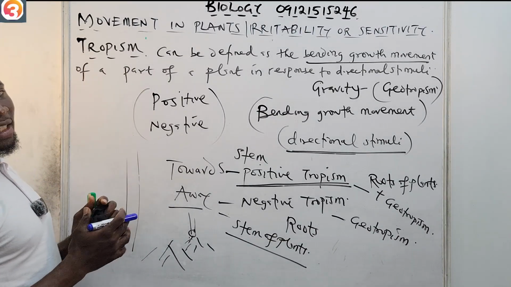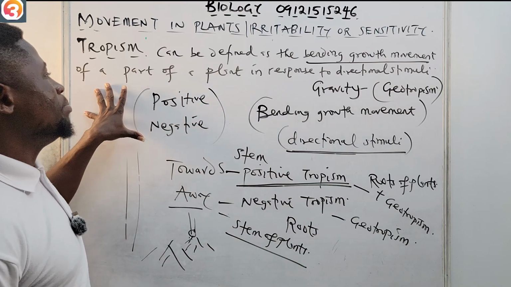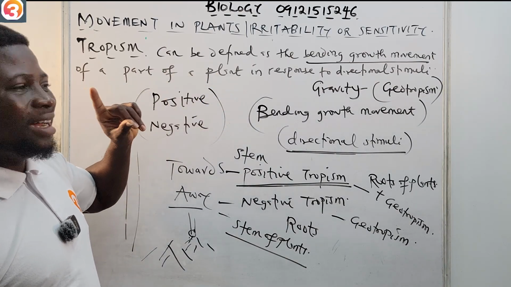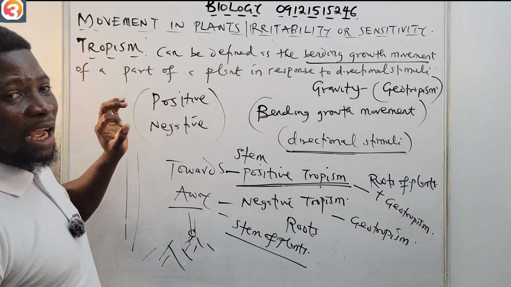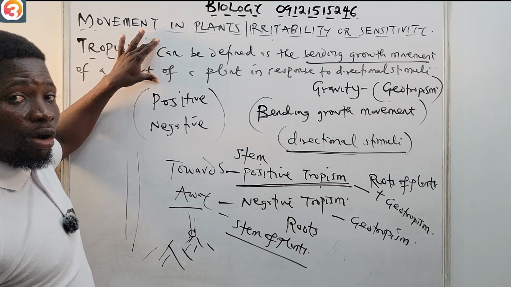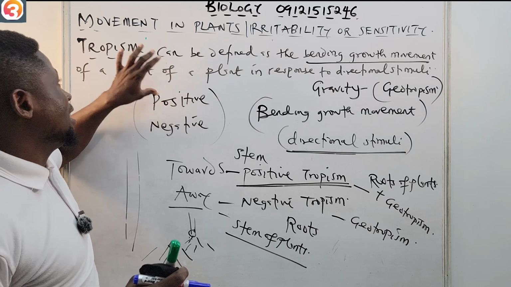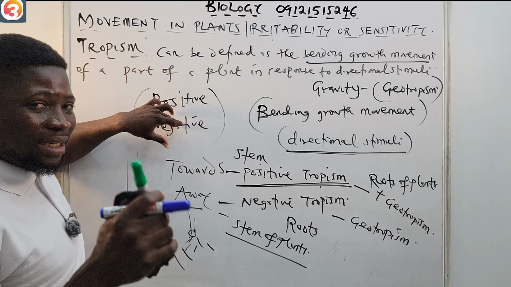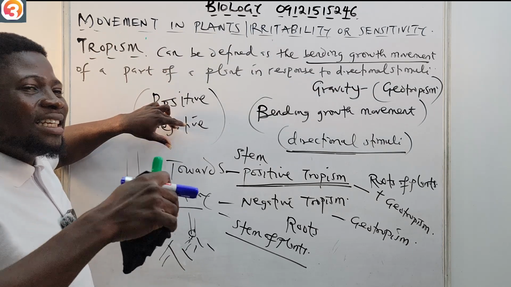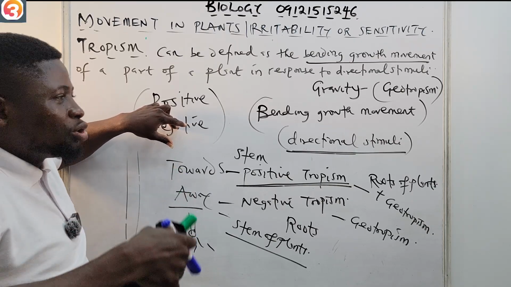So it's as simple as ABC. Tropism can be defined as the bending growth movement of a part of a plant in response to directional stimuli. We can describe tropism as positive or negative depending on whether the bending growth movement is towards or away from the direction of the stimuli.